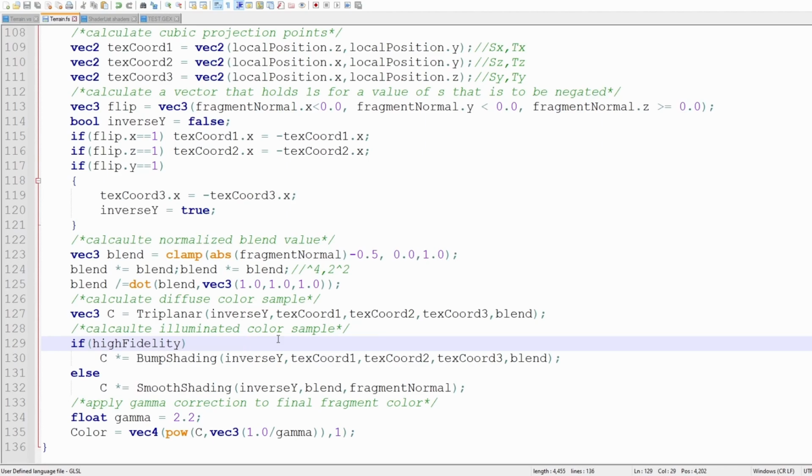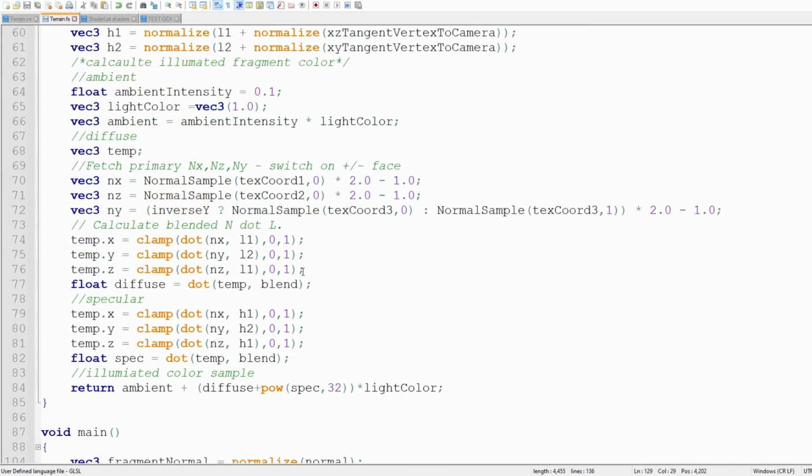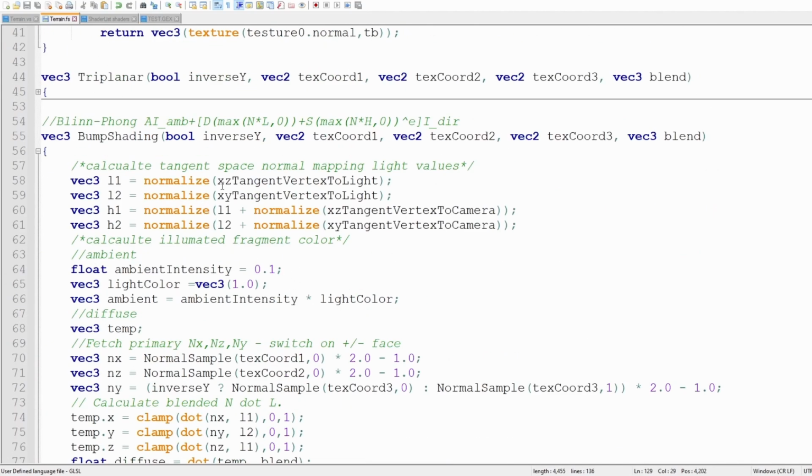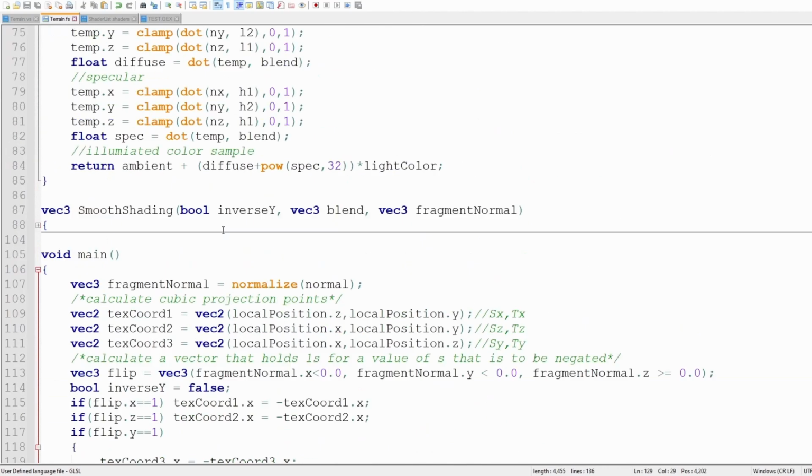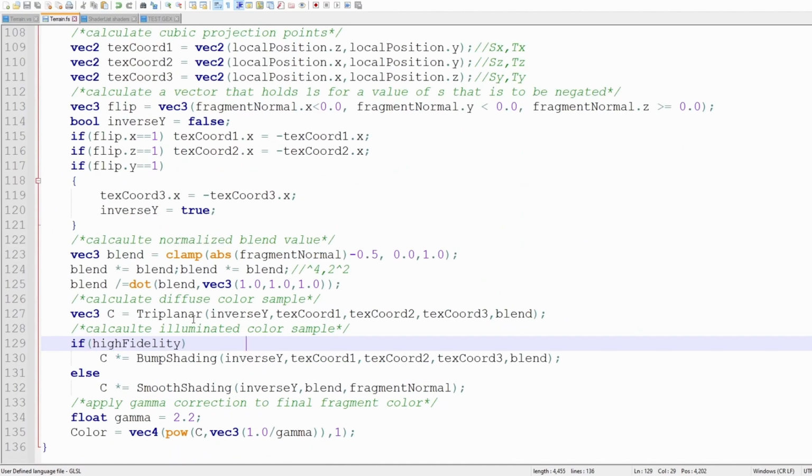You can't tell what exactly it is the detail of. So when they get really far away, we just smooth shade, and it also saves a lot of texture fetches. When you're doing the bump shading, there's 3 samples as well as your normal triplanar, which is another 3 samples. So reducing the overall number of samples taken is greatly going to benefit your frame rate as well.